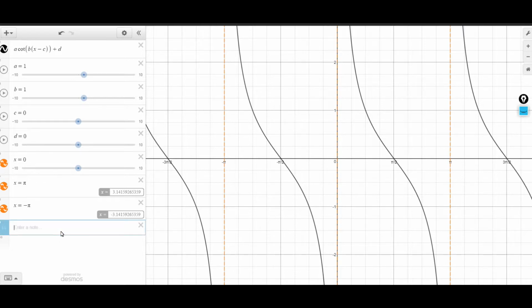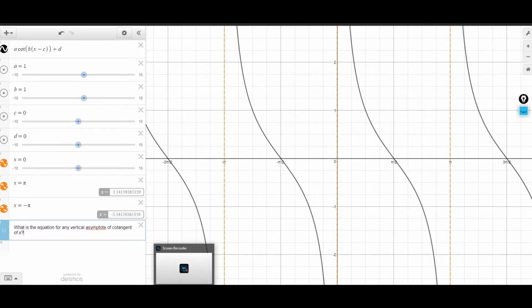And I want to ask you, what is the equation for any vertical asymptote of cotangent of x? And so you're going to pause the video, and I want you to try and write the equation very similarly to the equation that we used for the tangent asymptotes. So I'm going to pause the video, and I'm just going to give you a few seconds, and I'll type it in.